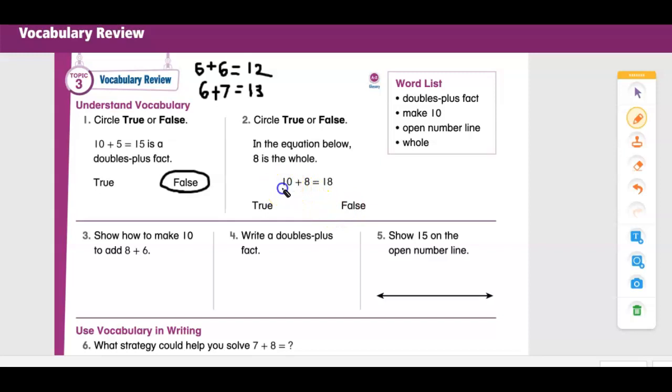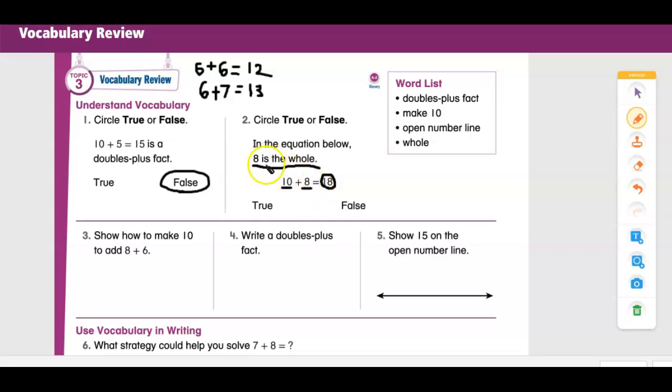We've talked about how the two numbers that are being added together are called the add-ins in an equation. Here we see that the number 8 is one of our add-ins, and the question is saying that 8 is the whole number. But in our equation, 10 plus 8 equals 18, which would make 18 our whole.